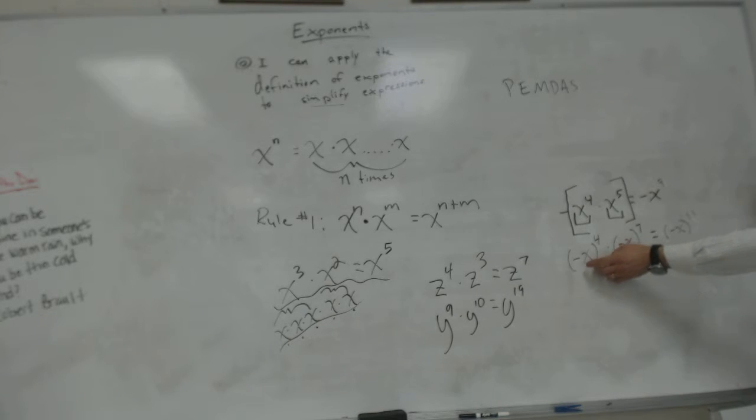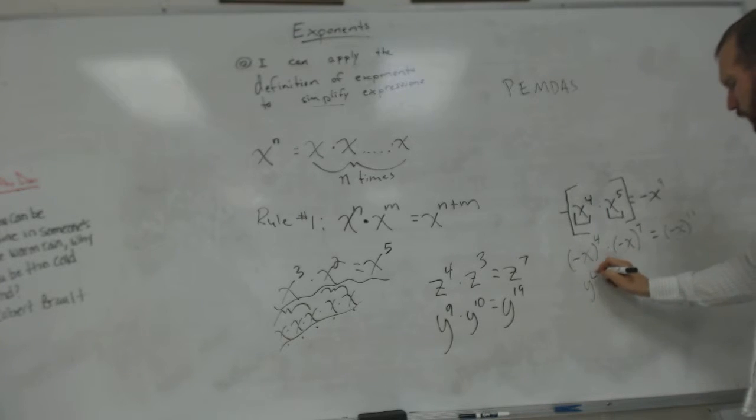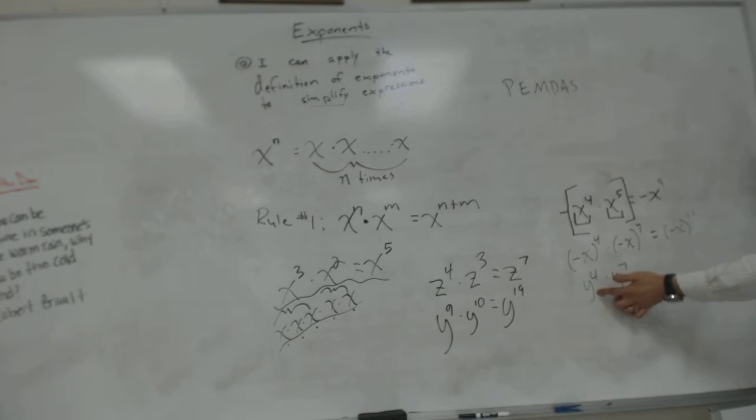So don't let these parentheses and negatives throw you off. This is the same thing as y to the fourth times y to the 7th. It's just instead of y, I have parentheses negative x, close parentheses. It's still something to the fourth power times something to the 7th power.